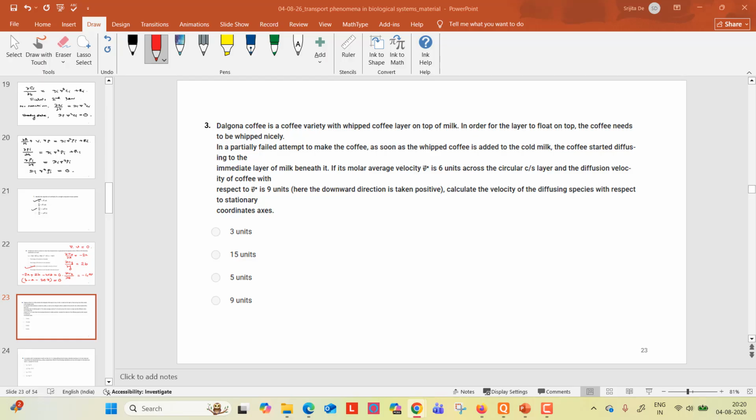The molar average velocity V star is 6 units across the circular layer, and the diffusion velocity of coffee with respect to V star, that is V_i minus V star, is 9 units. Here the downward direction is taken positive.